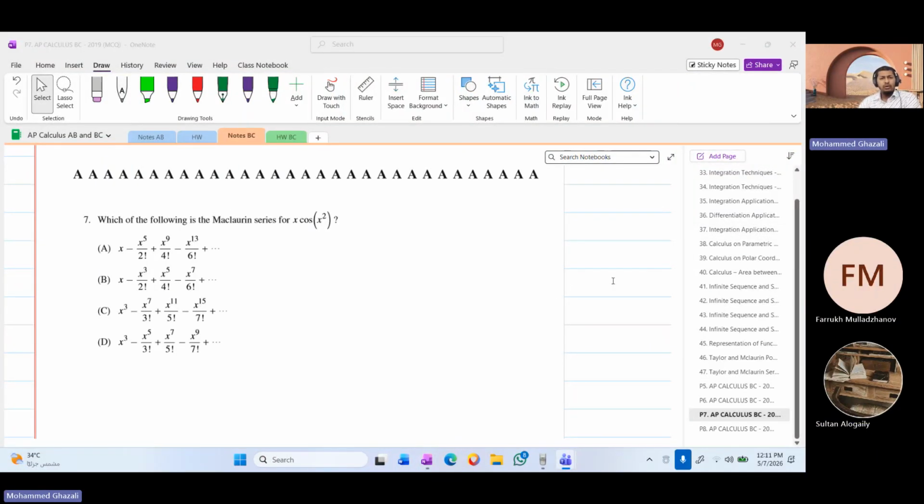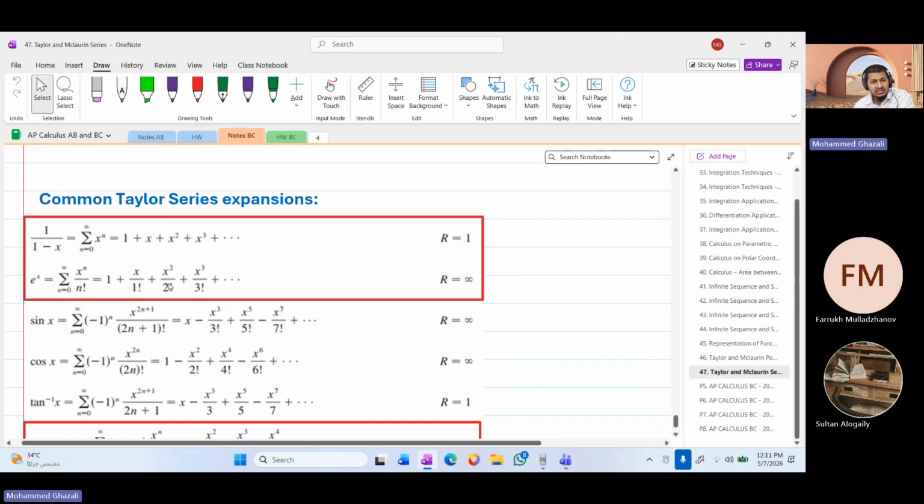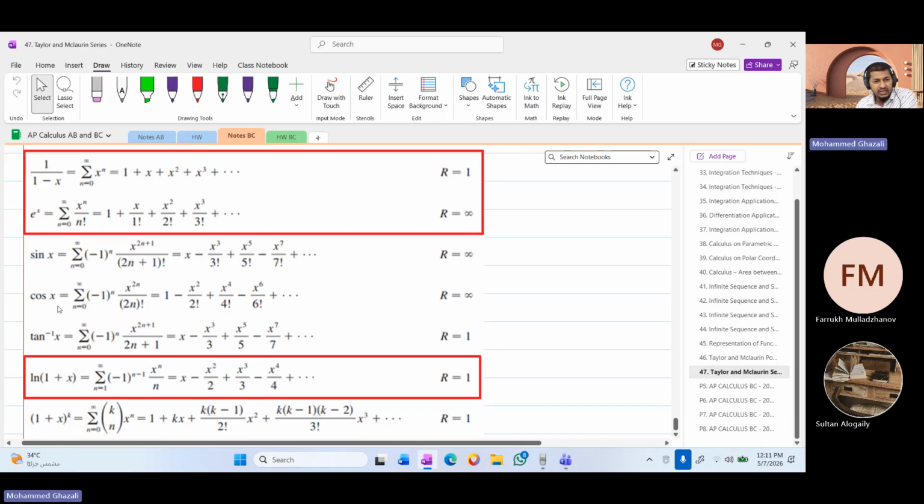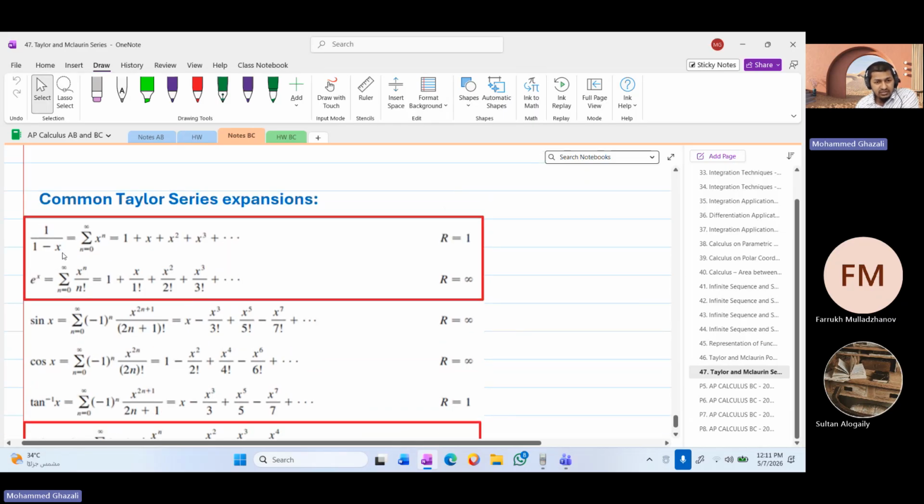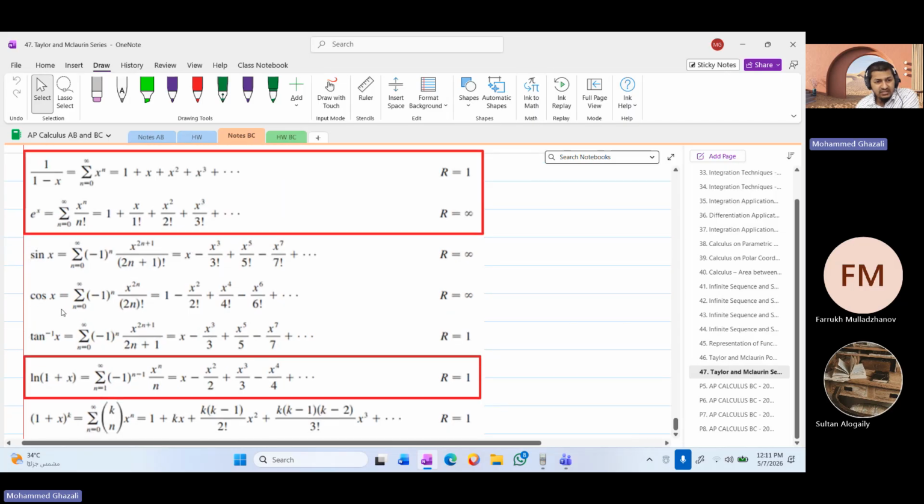Which of the following is the Maclaurin series for x cos x squared? Remember, there are some Maclaurin series you have to memorize. Going back to the lesson on Taylor and Maclaurin series, these are the ones you need to memorize: sin x and cos x, especially.